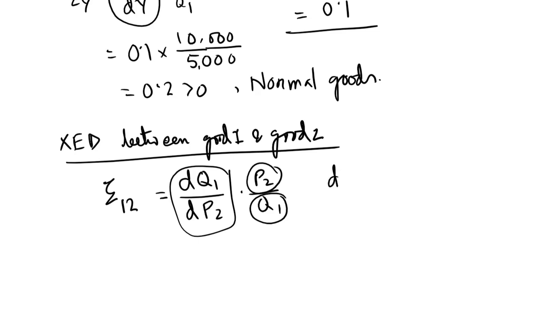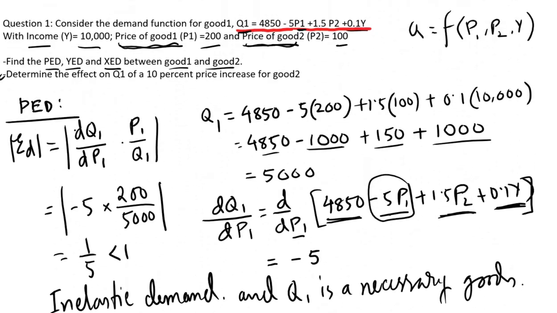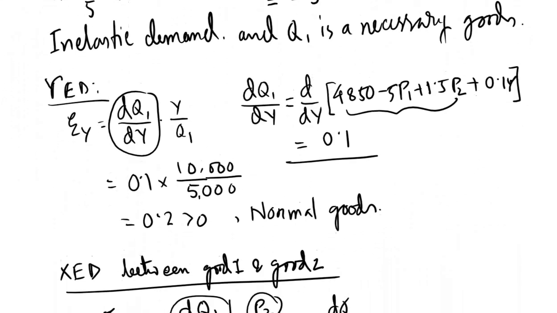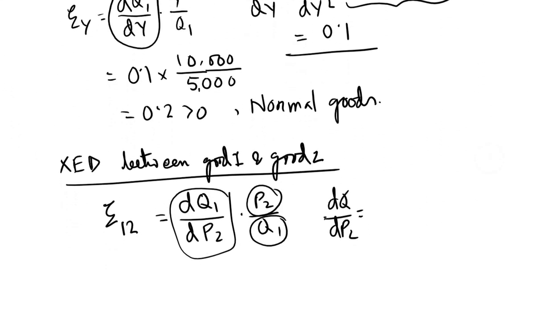So again, if I do that, all these three terms should be 0, and we have 1.5 P2, so this should be 1.5.